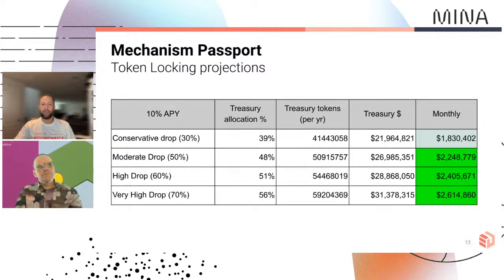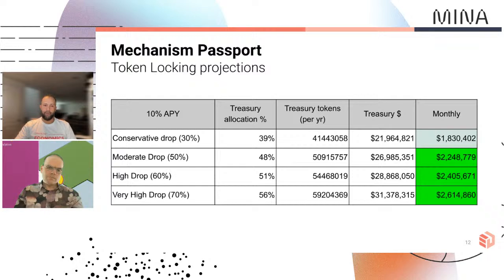But if we target only 10% APY, we see that almost in all cases, we reach something close to $2 million. So with only a 30% drop, we are at $1.8 million, while with a 50% drop, which we call moderate, we're already above the $2 million objective that we have.